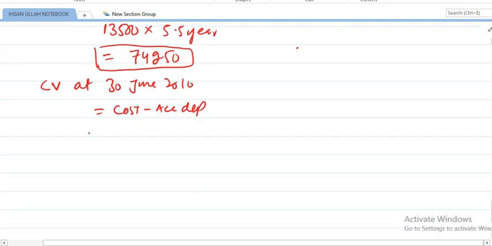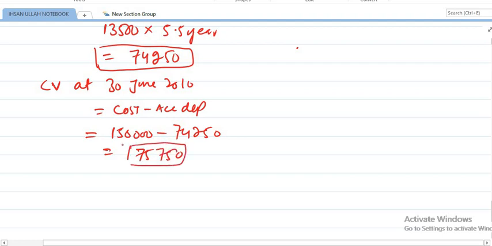The cost was, if you remember, 150,000, and the accumulated depreciation we have just calculated. So the carrying value at the time of sale was 75,750. This is the carrying amount. Clear?